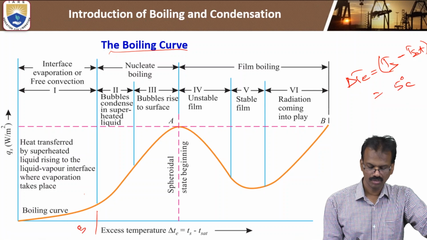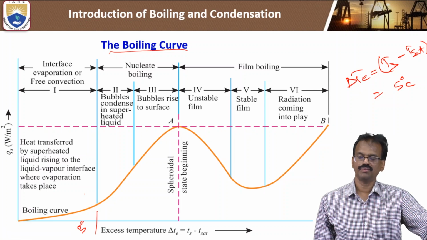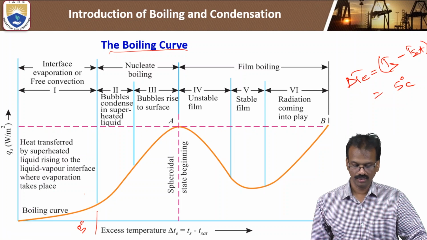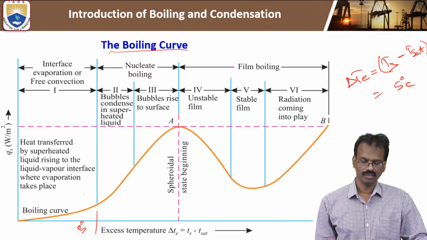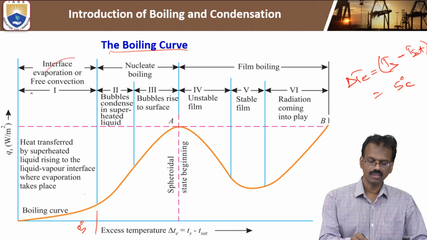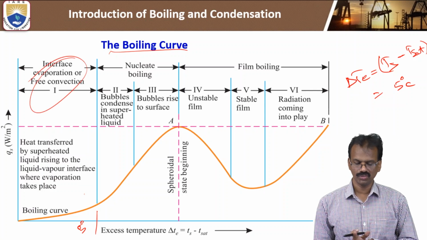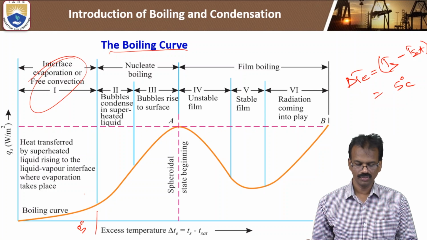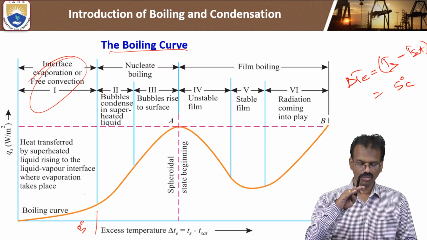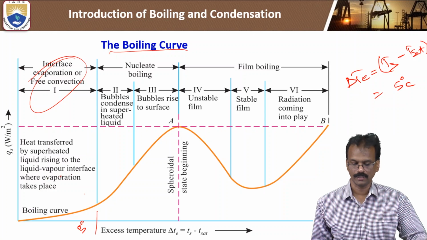If the excess temperature is less than or nearly 5 degrees, you will see the free convection process. Heat transfer takes place from the solid to the liquid, and at the top surface, the liquid-vapor interface, you will see the evaporation process.